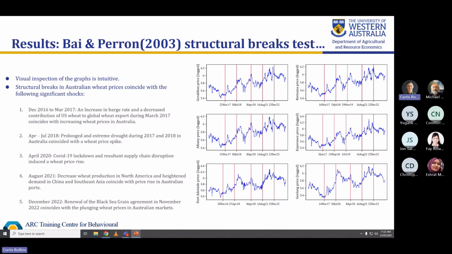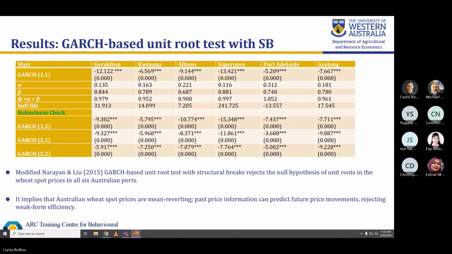When I include all these structural breaks, trends, and heteroscedasticity in a GARCH-based unit root test with structural breaks, what I find is that the unit root null hypothesis is rejected for all 6 price series of Australia.